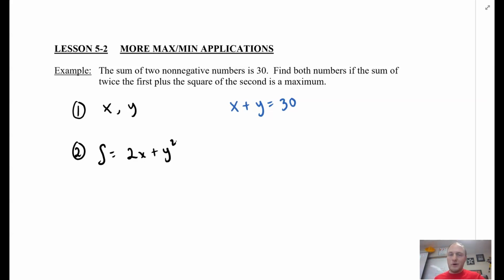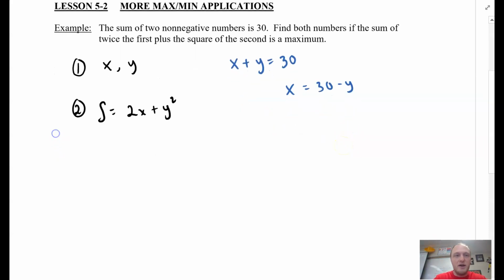So I need to rewrite this with one equation. I'm kind of afraid of that quadratic with the y, so I'll isolate x. This tells us that x is equal to 30 minus y. I'll use direct substitution and substitute that in.